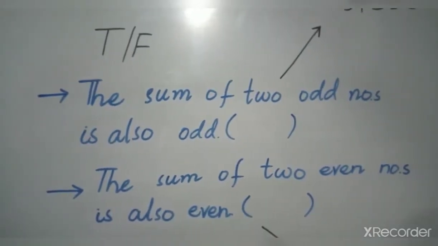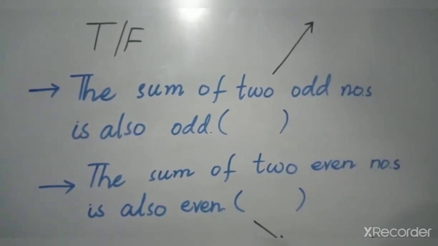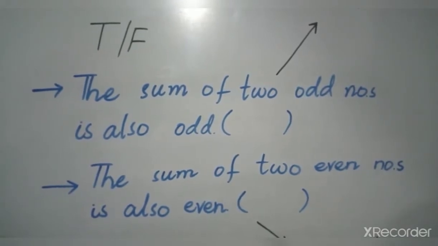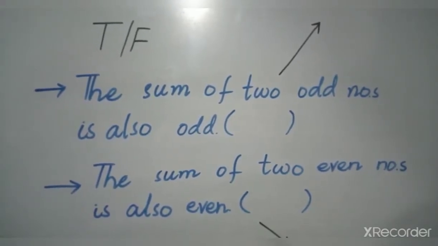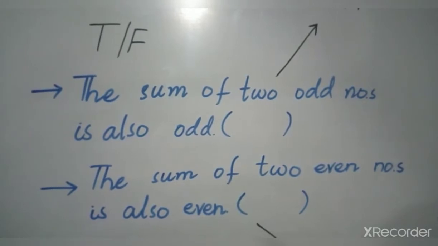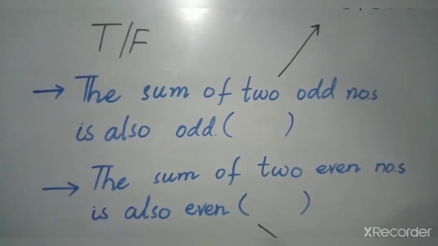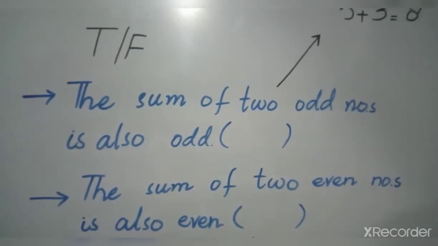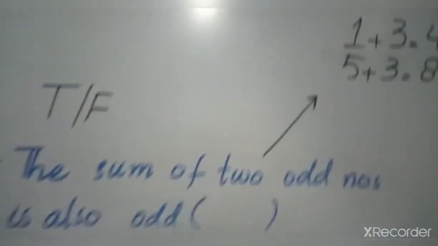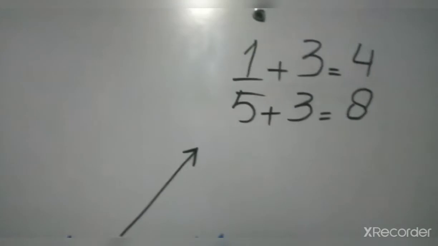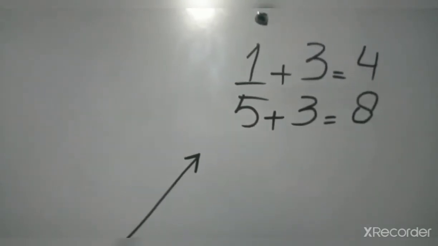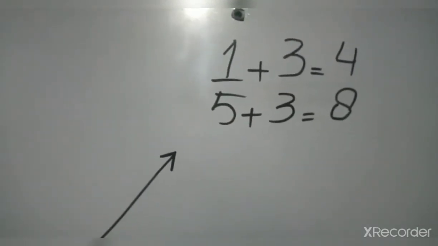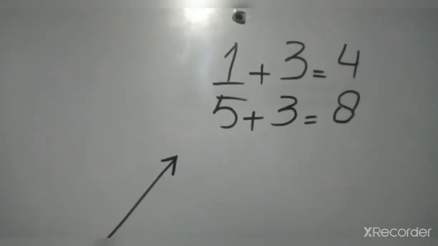After knowing about even and odd numbers, let's check whether these statements are true or false. First one is, the sum of two odd numbers is also odd. Let's check this by adding two odd numbers. 1 and 3 are odd numbers. By addition of 1 and 3, we get the answer as even.